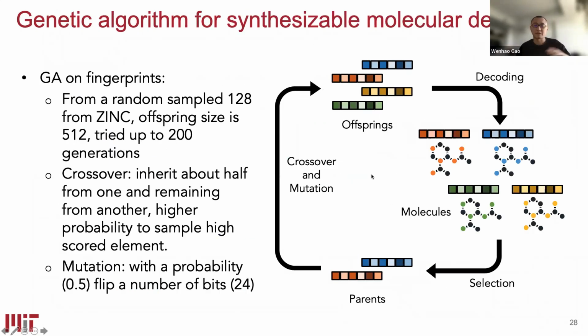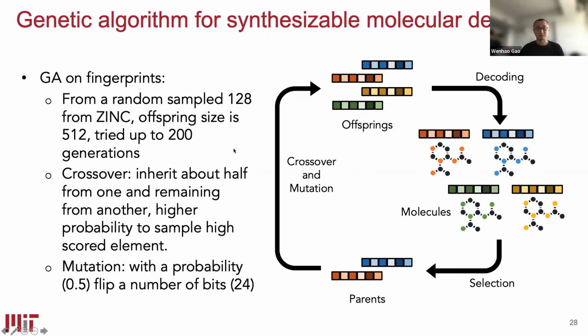Given that previous network, we indeed have a decoder that decodes a fingerprint to a synthesizable molecule. So it translates the synthesizable molecular design problem to a more convenient numerical optimization of fingerprints. And we apply a genetic algorithm to do that.